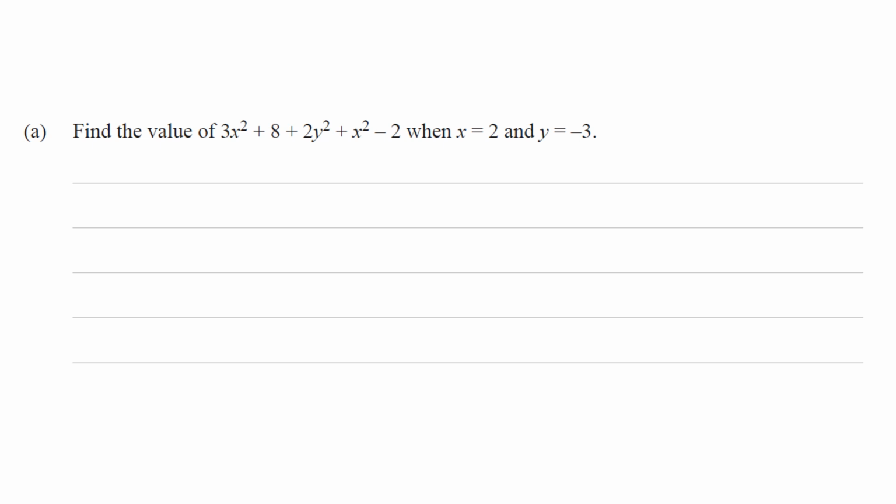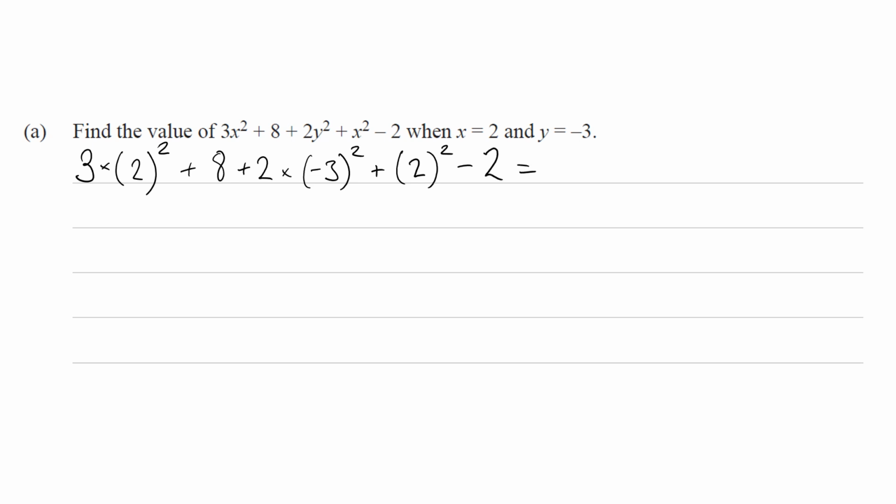The first thing that I'm going to do is rewrite my equation with all of the values substituted in. And remember, I am adding in my brackets or my parentheses as I go, so that I know that I'm not making any mistakes in terms of doing my exponents later on down the road.